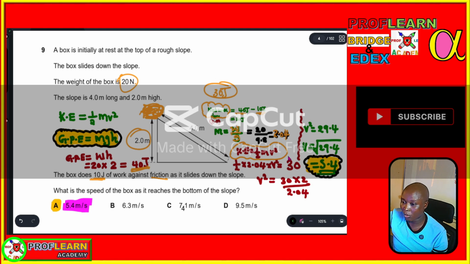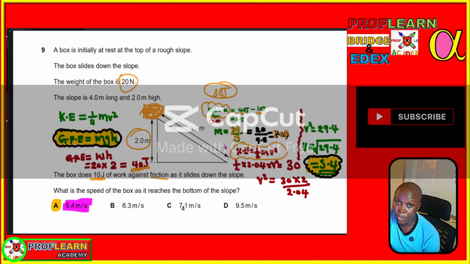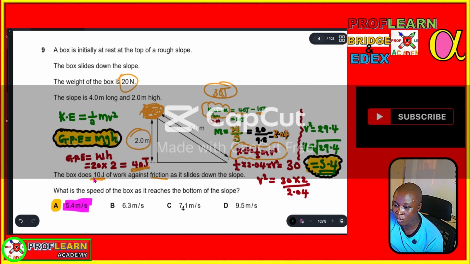Because when the box was at the top here, it was having gravitational potential energy. Which amount was it having? It is mgh, where mg is weight, so we say 20 times 2, that is 40 joules. But as it slides down the slope, part of that gravitational potential energy will be used to overcome air friction, and that amount is going to be 10.